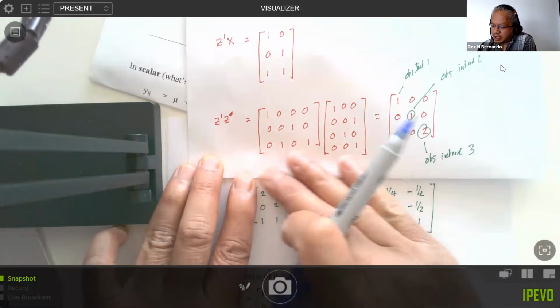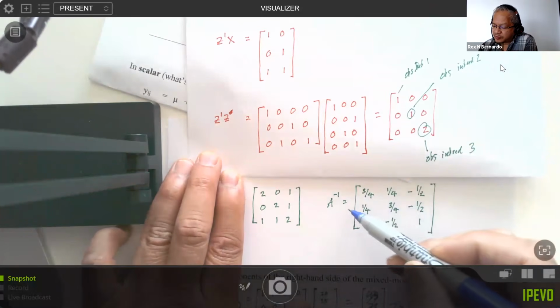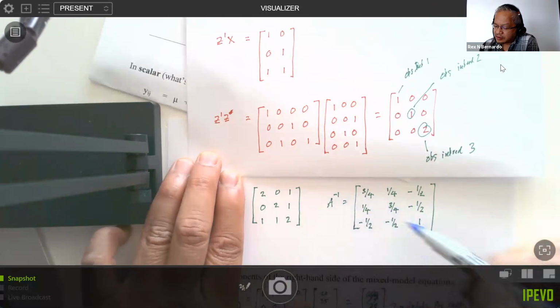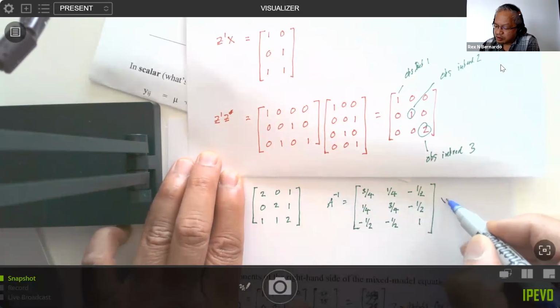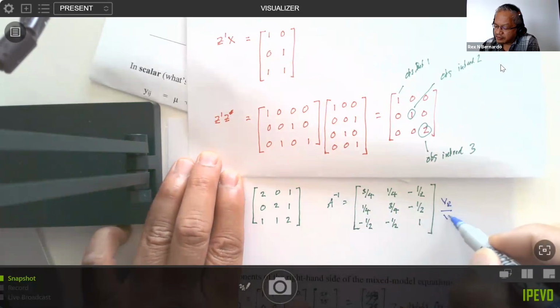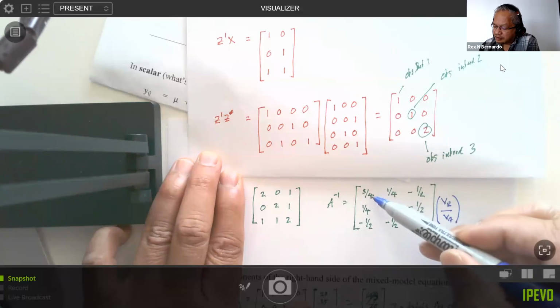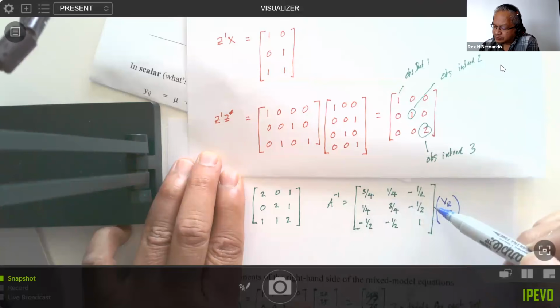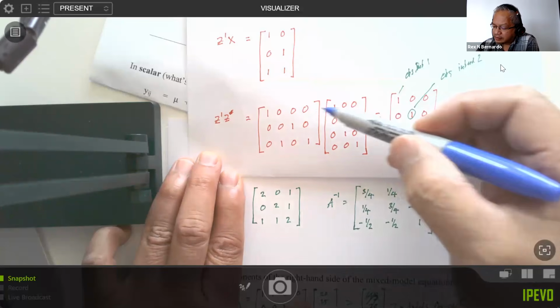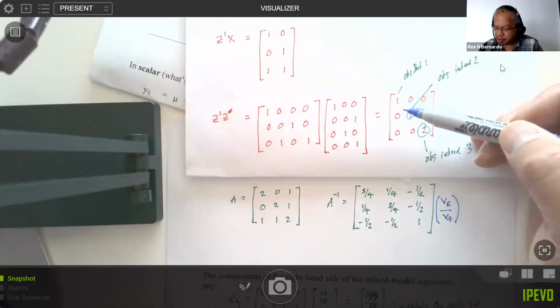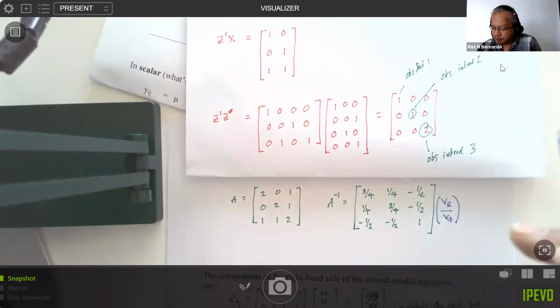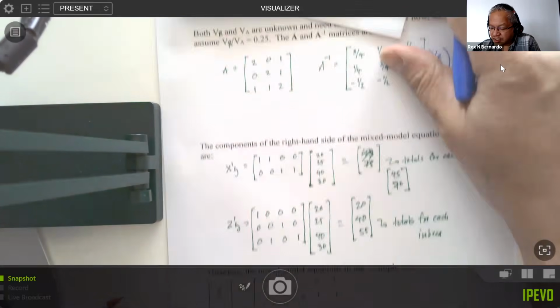First, we need to multiply the inverse of A by the ratio of VR by VA, which we assumed is equal to 0.25. So basically we get a quarter of each of these values, and then we add that to z prime z over here.